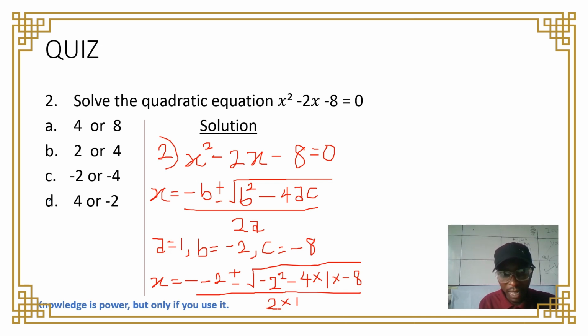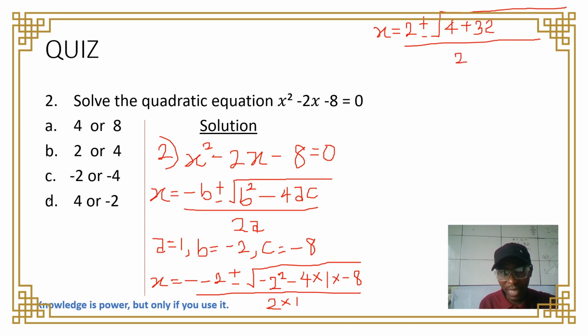So x will become -(-2), that will give us 2, plus or minus square root of (-2) squared, that is 4. Then -4 multiplied by 1 multiplied by -8 gives us +32. Then everything over 2 multiplied by 1, which gives us 2.